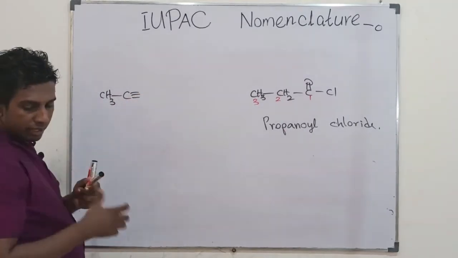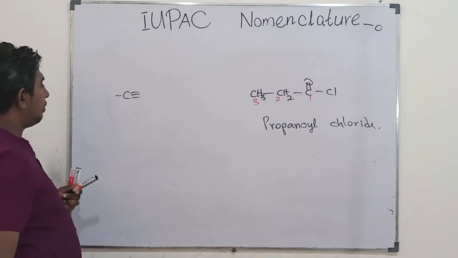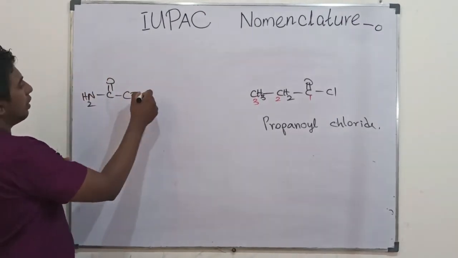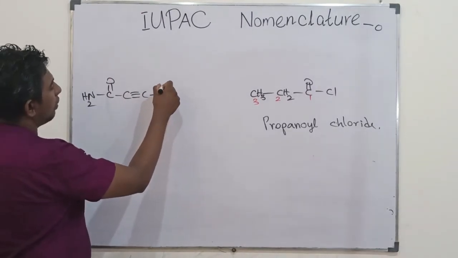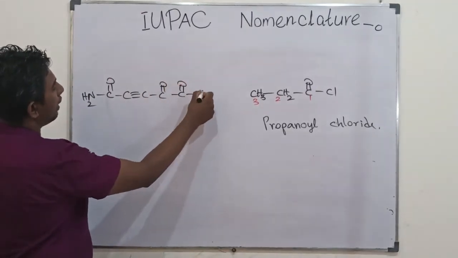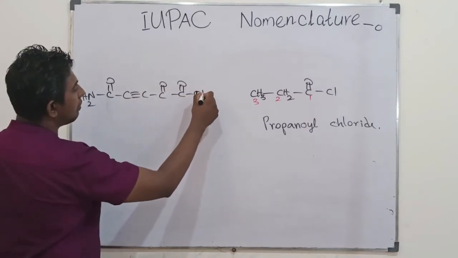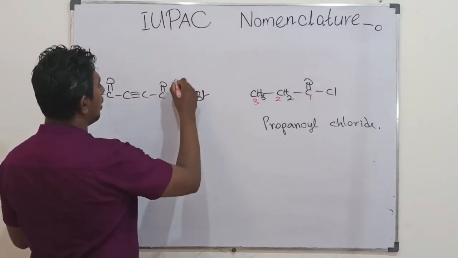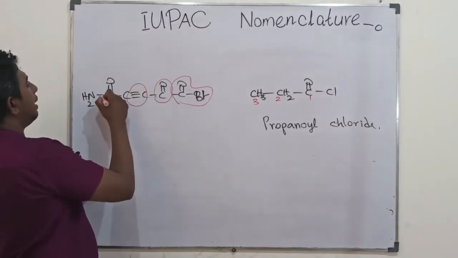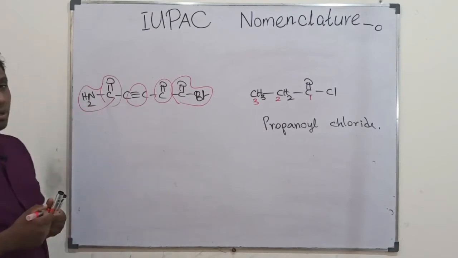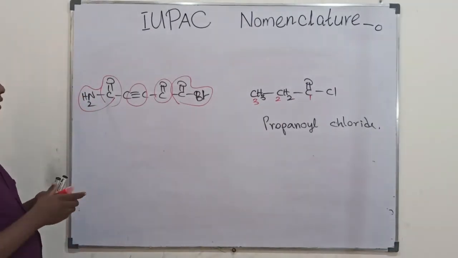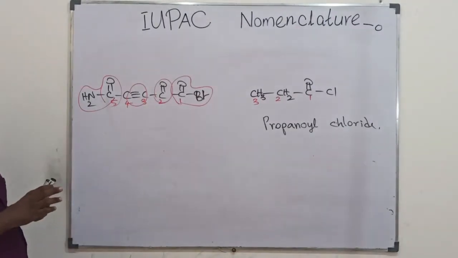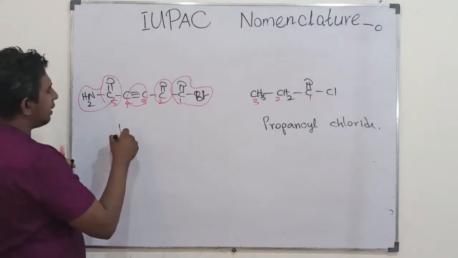Okay. Now I will give another one, CH3, in this form, you have CONH2 and COCl, COBr at this time, let's say. It is an acid bromide you have. It is a ketone, it is an alkyne, it is an amide you have. Out of these, the acid bromide is the prominent. So it's 1, 2, 3, 4, 5, and you have 5 carbons in the chain, so it's pent.